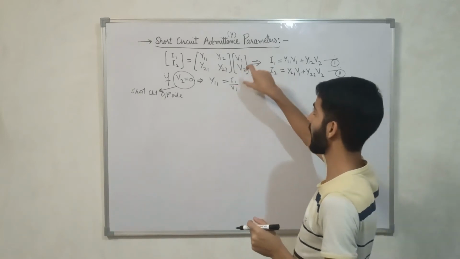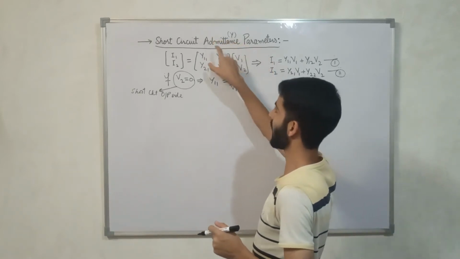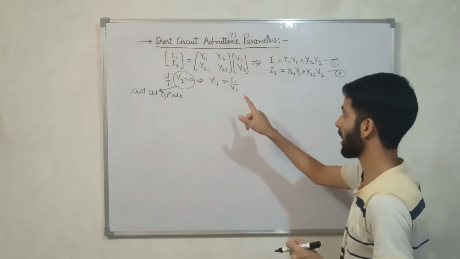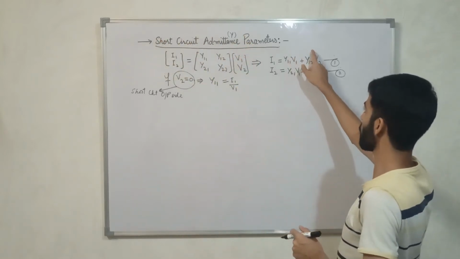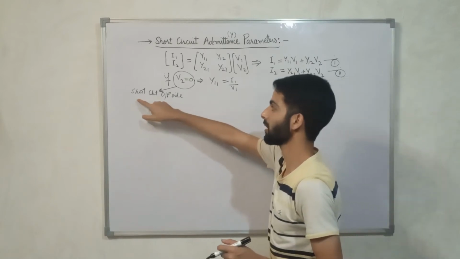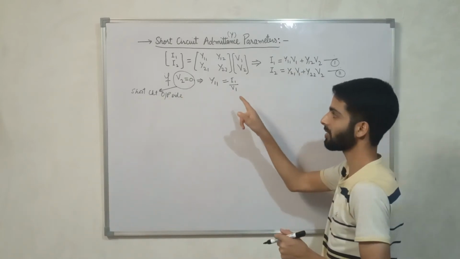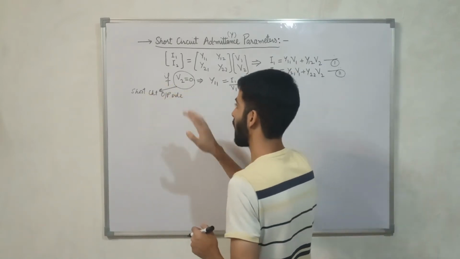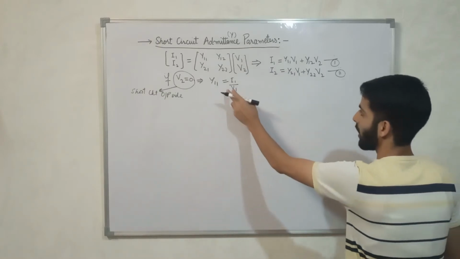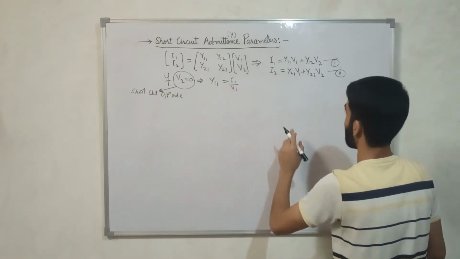That is why we write admittance parameters as short circuit admittance parameters, because with all four parameters there will be a short circuit. In the previous ones there was open circuit with all four.